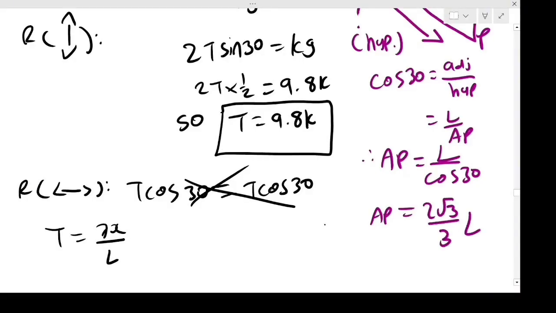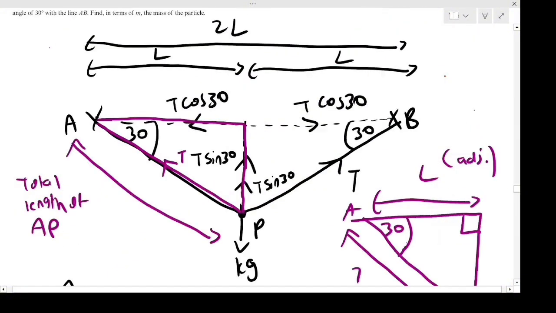Okay, and so there we are. That is my length from A to P here. 2 root 3 over 3 lots of L. Okay, hopefully happy with that. So that is the total length of the string A to P. But that's the total length.